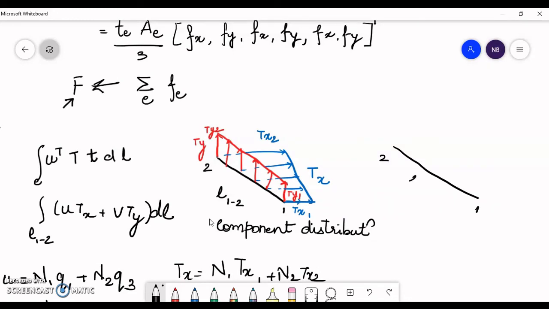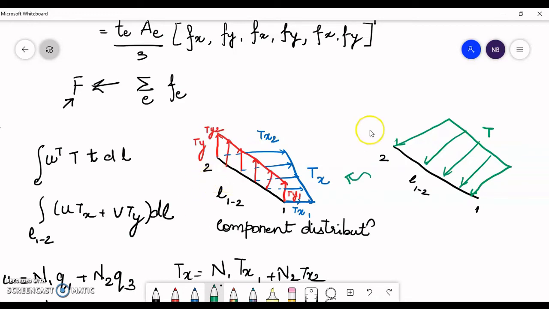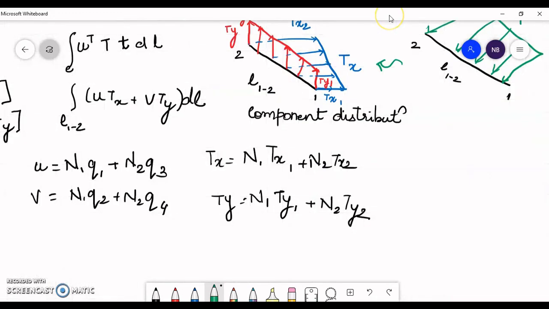The normal pressure on this surface will look something like this. So this is the actual traction force, and this is when we split it into its components in x and y direction. So this face is inclined at an angle of theta to the x-axis.